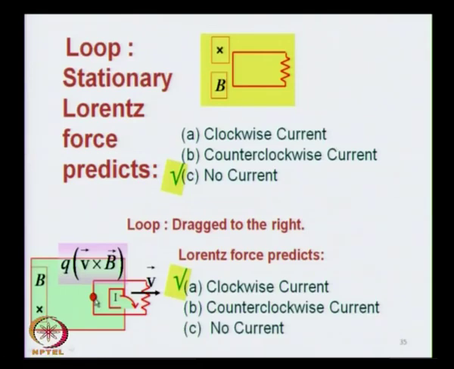Now the velocity of this charge is to the right, the magnetic field is into the plane of the screen. So, V cross B would be a force which is pointing upward in this figure, and therefore, this charge will be accelerated from the bottom to the top, setting up a current in the clockwise direction in this loop. So, the source of current in this case is the Lorentz force, which is V cross B.